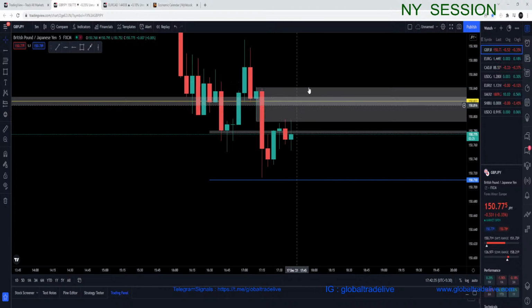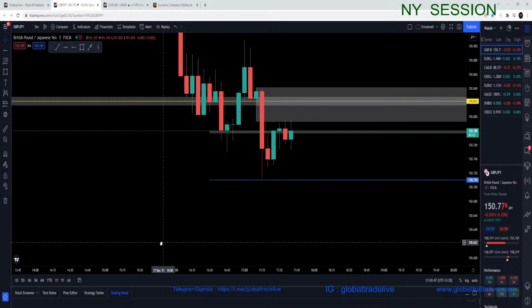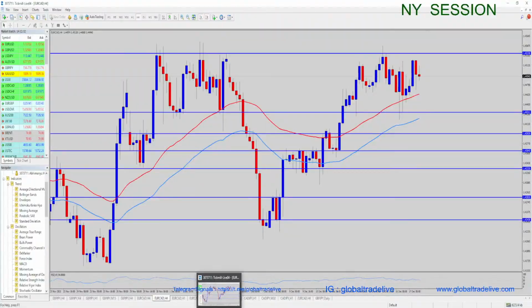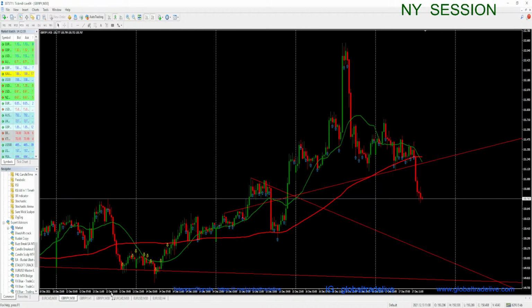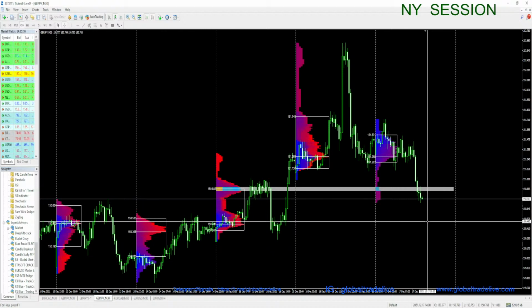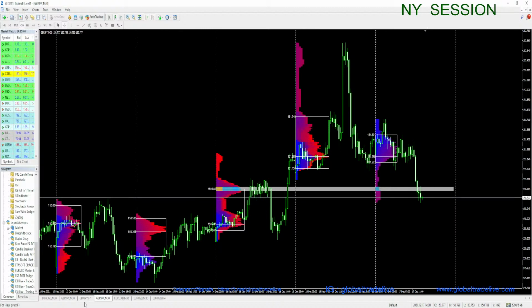At least there should be no candle closing outside POI. It should remain below this area to move down. Otherwise, it can move up. And there should be a drop coming up. 23 pips down drop.